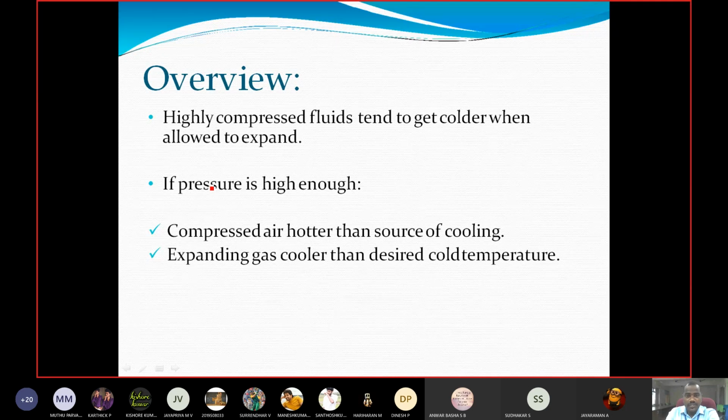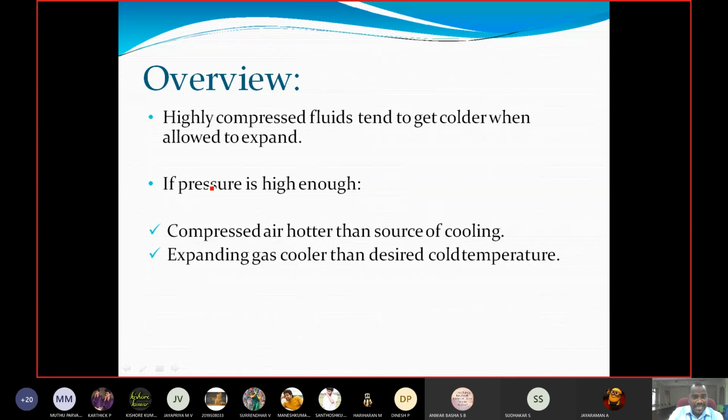So the highly compressed fluid tends to get colder when allowed to expand. So we have to allow the refrigerant, in the form of highly compressed fluid, to expand. Then we can get a low temperature in that refrigerant.